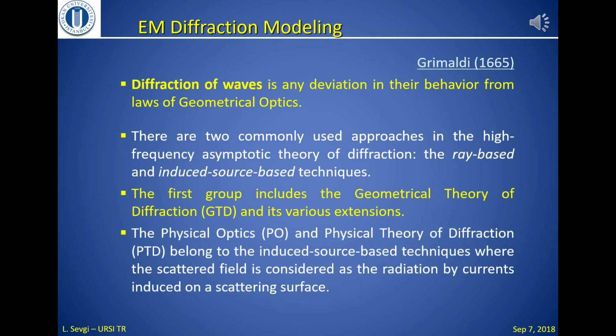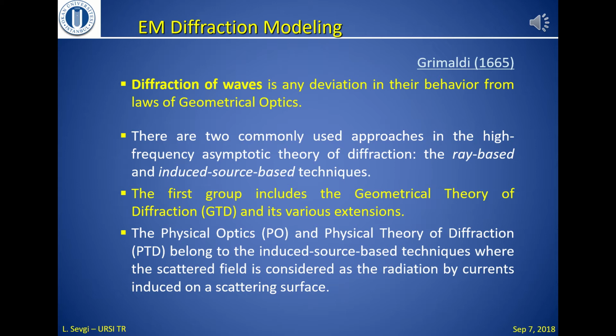It can be said that the study of diffraction went back to Grimaldi. Early analytical studies are usually called high-frequency asymptotic methods. There are two kinds of high-frequency asymptotic methods: the ray-based and induced source-based approaches.